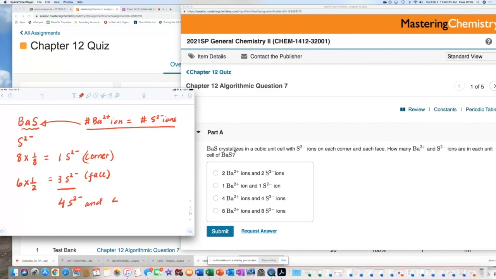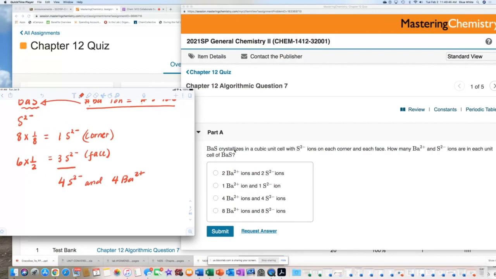2? They must be equal. 4. I'm sorry. 4 barium ions, right. So the ions are equal to each other. Because test it this way. If barium was 2, essentially you'd be saying Ba2S4.